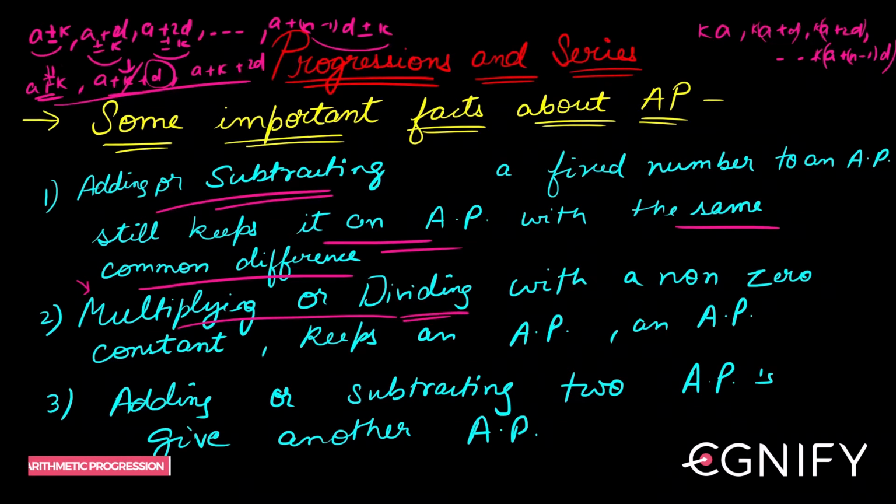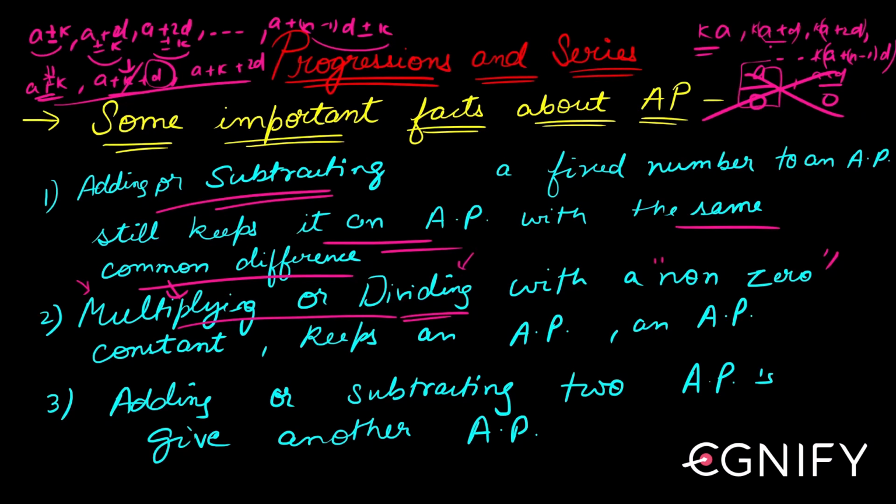When I divide, I have to divide by a non-zero constant, because if I divide by 0, the terms will become undefined. Division by 0 is not allowed. So I can multiply or divide, but if I divide, it must be by a non-zero number, and whatever I do, I have to use the same constant for every term.